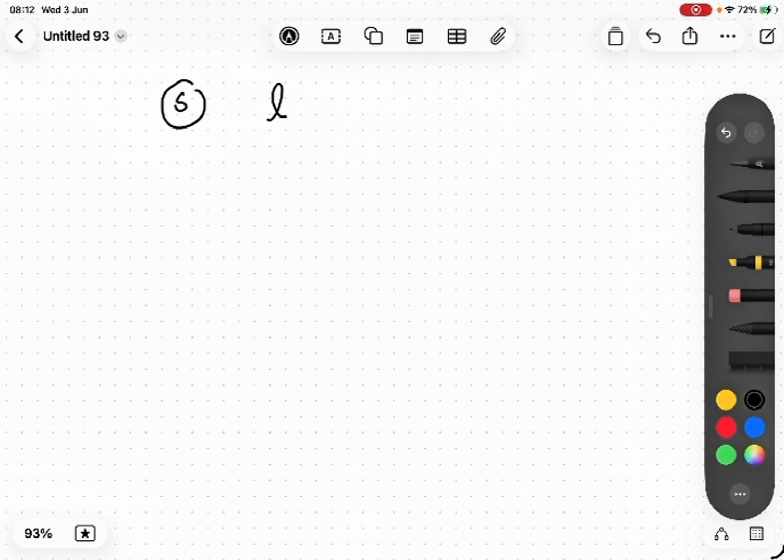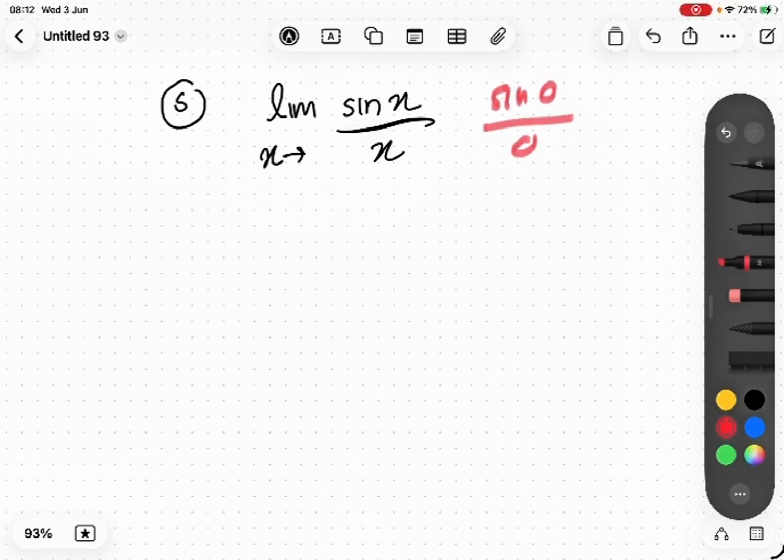So if you get limits of sine x over x when x tends to 0, there also you should understand this. Now when you go for a direct substitution, you can say in the numerator we are getting sine 0, in the denominator we are getting 0, so 0 over 0 means it is an undefined condition.